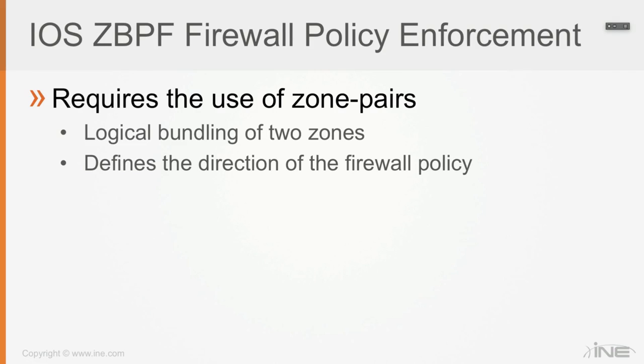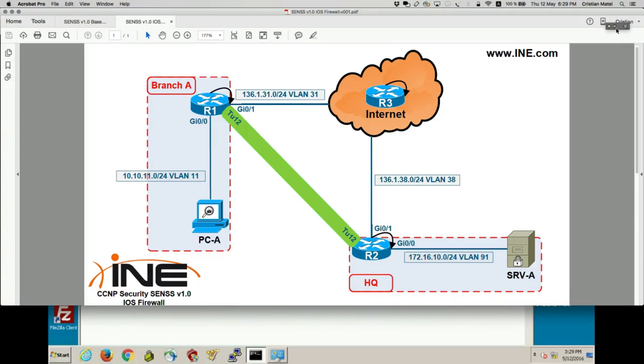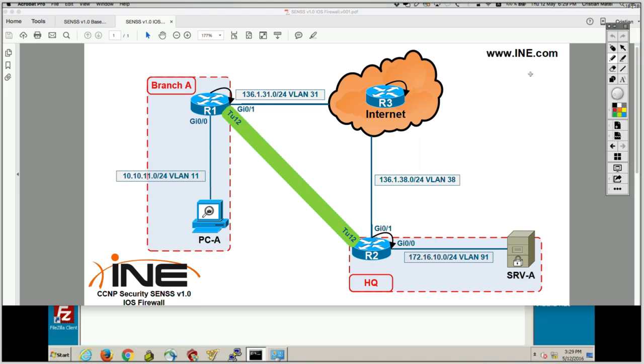Now, to enforce the policy rules, the firewall rules, this requires the use of zone pairs. There's going to be a logical bundling of two zones, which also defines the direction of the firewall policy. As an example, a simple configuration would be, and I'm going to walk you through those blocks after we do the config, you build a class map.